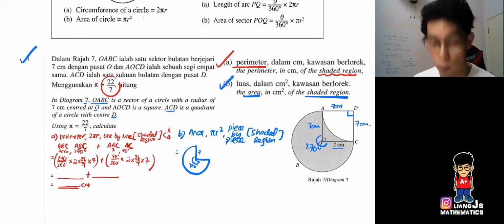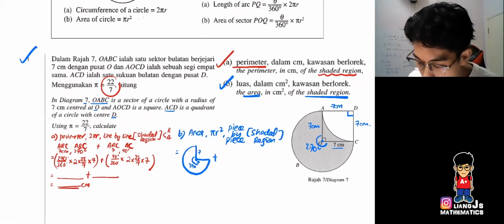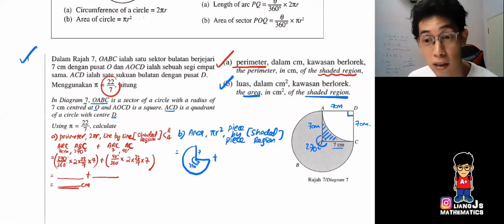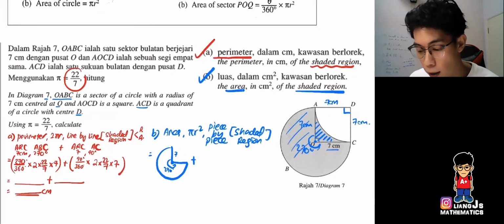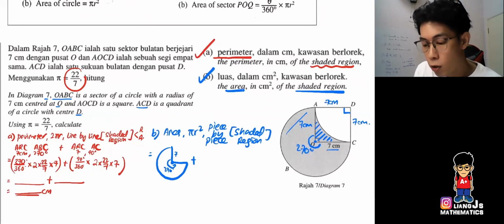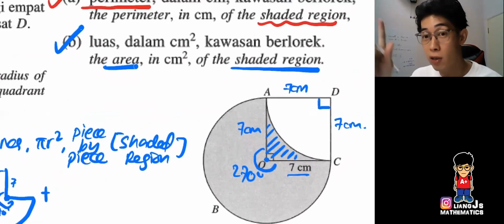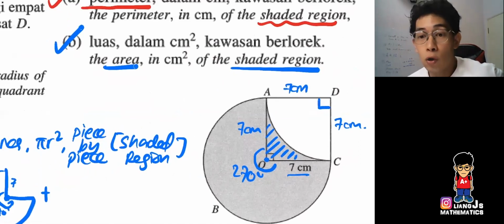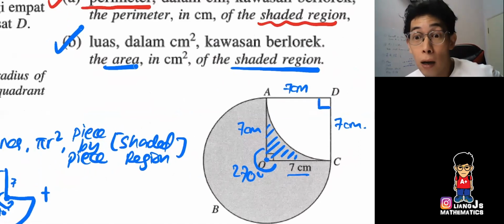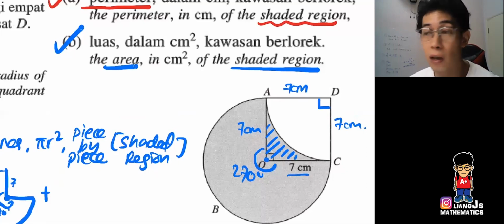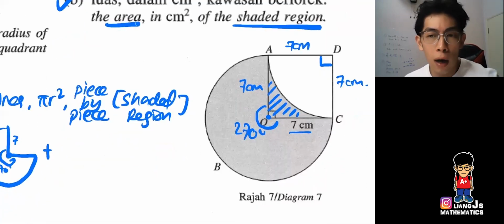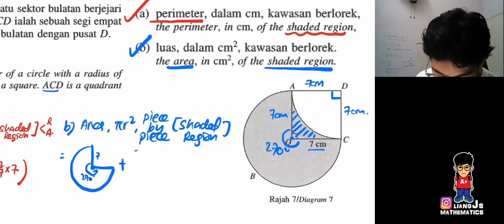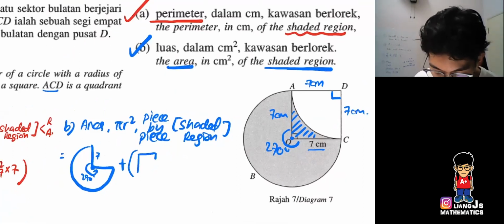Now you want to add another small part. I shade it like this. Can you see that? This part I drew out already. Just now I asked everyone, and most of you answered, teacher, I can get a square and minus off that white part, or minus off the quadrant. So I put a bracket, put a square, and then minus off a quadrant.